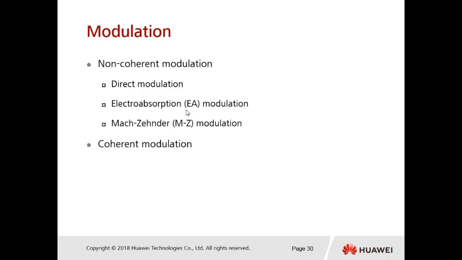EA modulation does not directly modulate the light source. In this modulation method, an external modulator is used on the output path of the light source to modulate the light wave. This modulator is equivalent to a switch. The laser of EA modulation is complex.